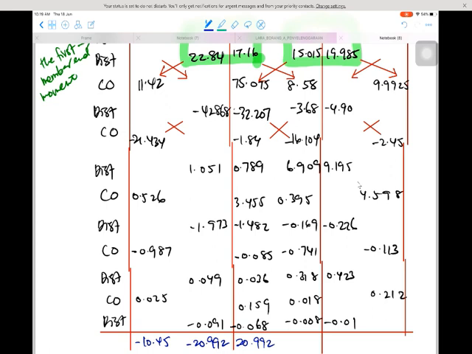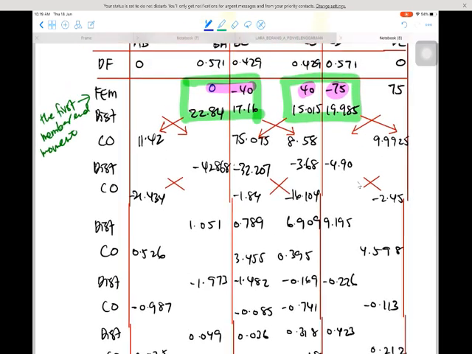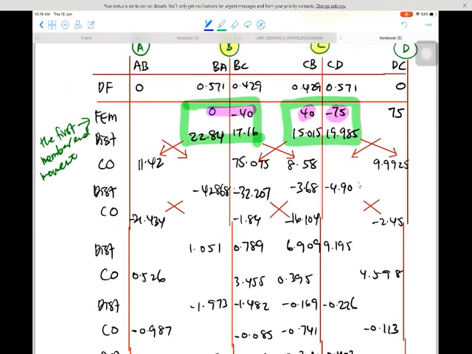Now we will calculate MCB, the moment at CB. Again we total all the moment values, starting from the fixed end moment.